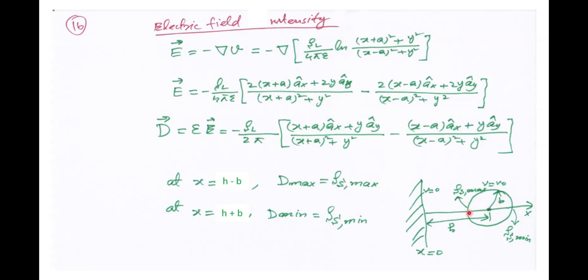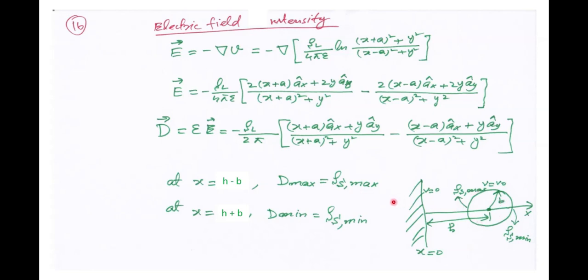At this location, h minus b, the value of surface charge density is maximum. But at x equal to h plus b, the value of d field is minimum and the surface charge density is minimum. So you can use these expressions to calculate the maximum and minimum values of surface charge densities over the conducting surface.